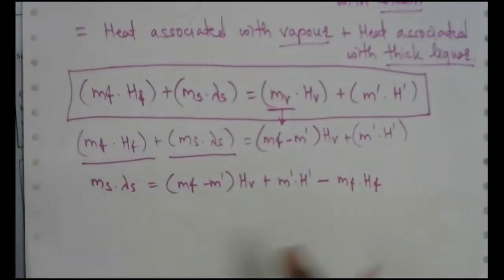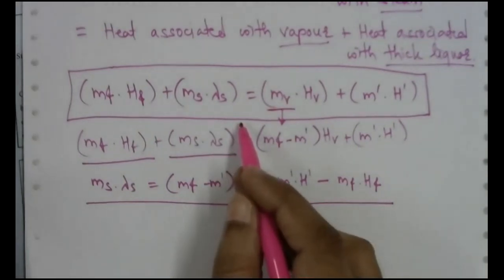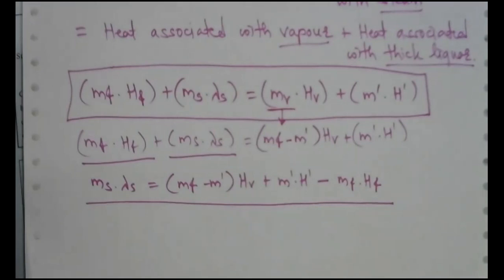For two unknowns, two equations should be there, like this. So you can solve the unknown parameter which is present in the equation, right? So this is another equation for calculating the mass flow rate of steam. Only the rearrangement. The basic equation is one and the same.